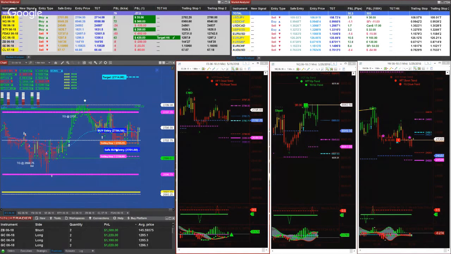Taking a long on the NASDAQ against the YM. Sometimes instead of making your stop loss on the YM, you can go ahead and reverse it with a different market. This is much better to me anyway.